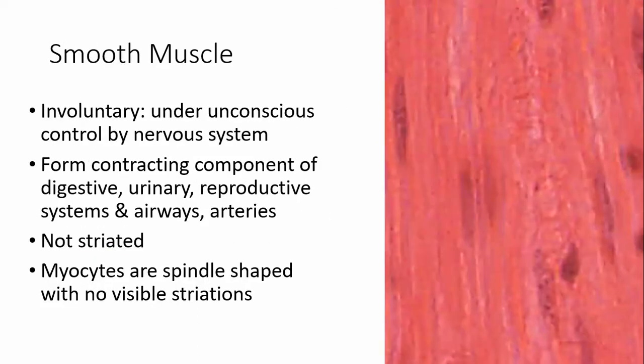Smooth muscle, on the other hand, you really cannot see distinctive cells in here. If I was trying to outline a cell, I think this is a cell. It's a little hard to see. It does not have any striations, and it is involuntary. You do not tell your smooth muscle when to contract or not contract.